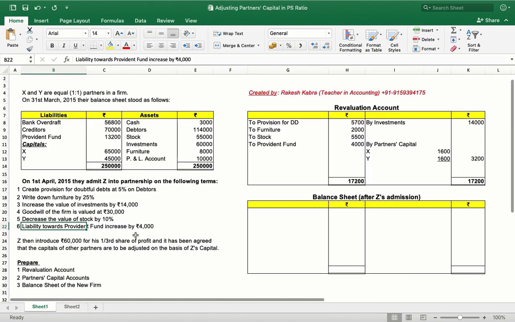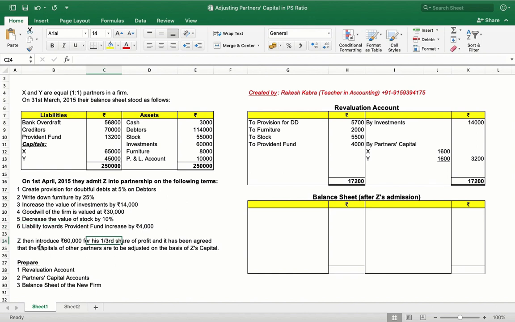Now their sacrifice ratio will be 1:1, because in the question it is only mentioned that Z was admitted for 1/3 share, but nowhere it is mentioned in which proportion Mr. Z got this 1/3 share from X and Y. So we will assume that X and Y gave this 1/3 to Mr. Z in their old share, that is 1:1.